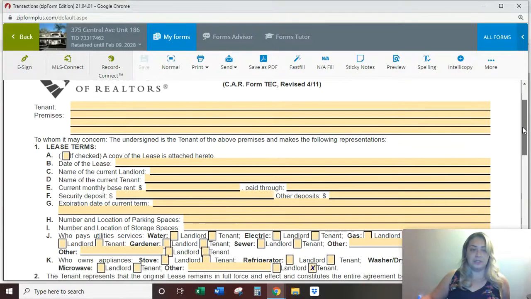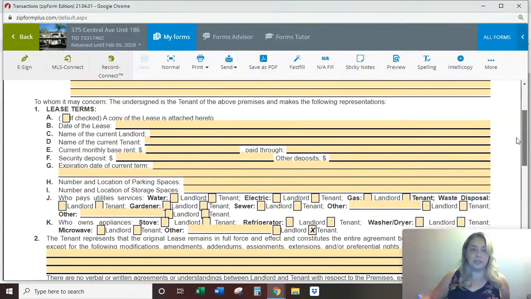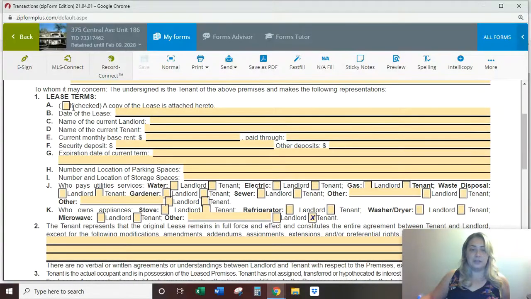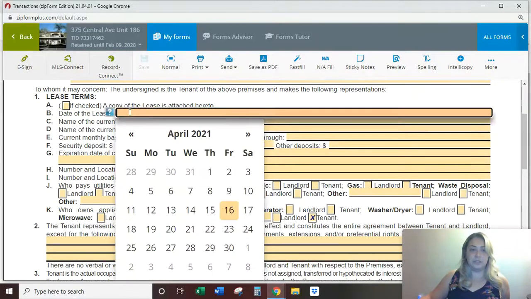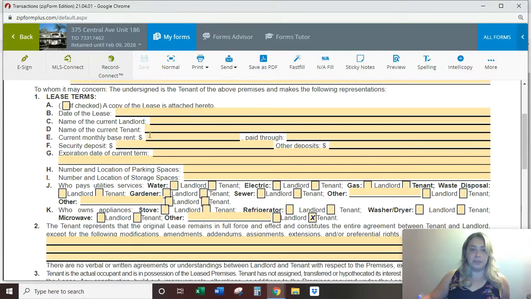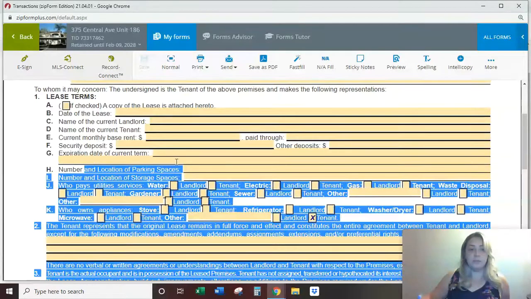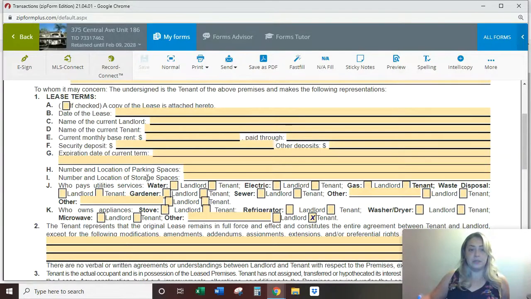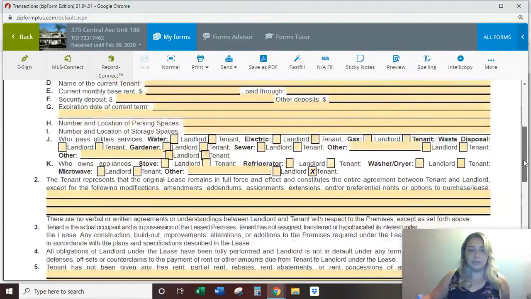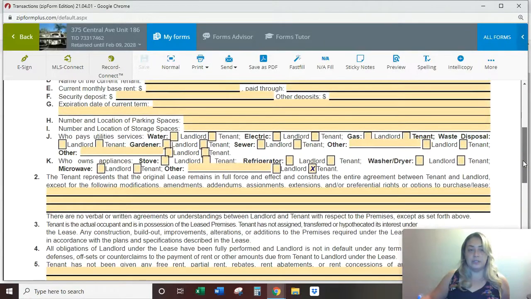It asks for the tenant's names, the premises, the lease agreement if it's attached, the date of the lease, the name of the landlord, the name of the tenant, the base rent paid through X amount of months or years, the security deposit that was given, other deposits, expiration date of the current term, number and location of parking spaces, number and location of storage spaces, who pays the utility services.